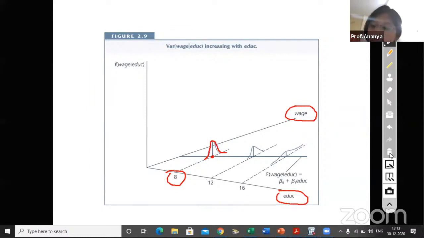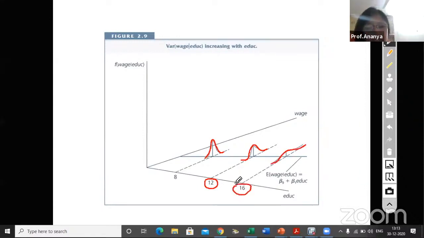Now, carefully look at the spread of wages. So this gives you the distribution of wages for people with 8 years of education. This graph gives you the distribution of wages for people with 12 years of education. And this graph gives you the distribution of wages for people with 16 years of education. So when the errors are not homoscedastic, what could the situation look like?